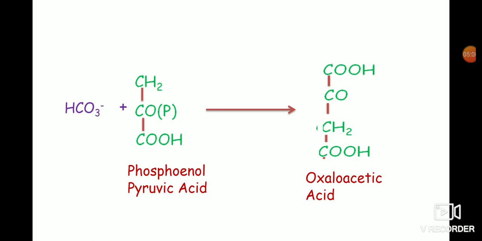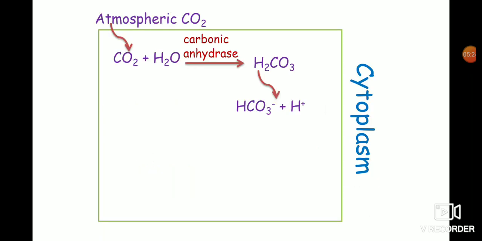So in C4 plants, the primary acceptor of carbon dioxide is phosphoenol pyruvic acid, and the first stable compound formed is a 4 carbon compound, that is oxaloacetic acid. This reaction is catalyzed by PEP carboxylase. This reaction takes place in the mesophyll cells.